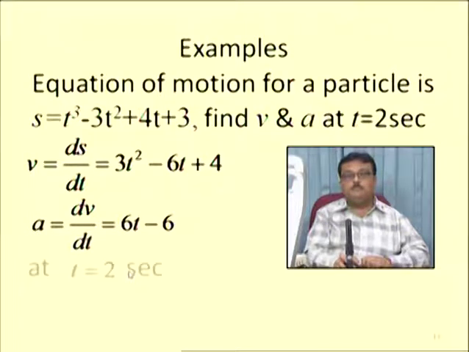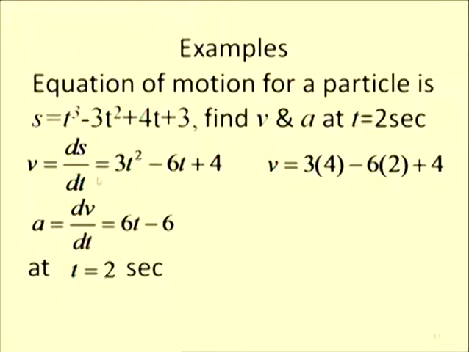So if we put t is equal to 2 here, we have 3t square minus 6t plus 4. Putting t in this equation, we have v is equal to 3 into 2 square is 4, minus 6 into 2 plus 4. So 12 minus 12 is 0, plus 4 is 4.